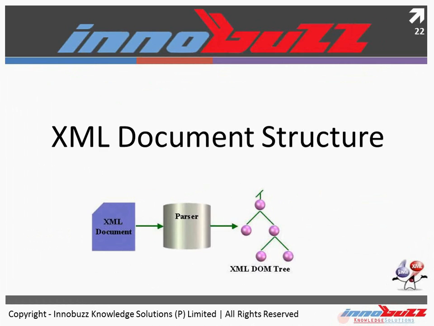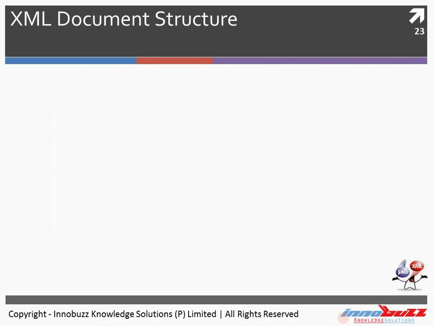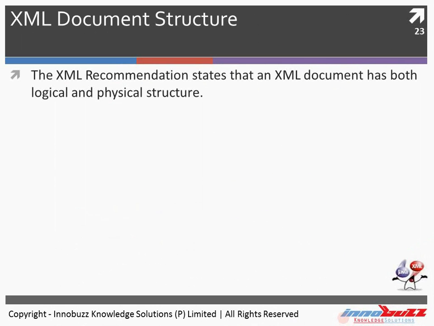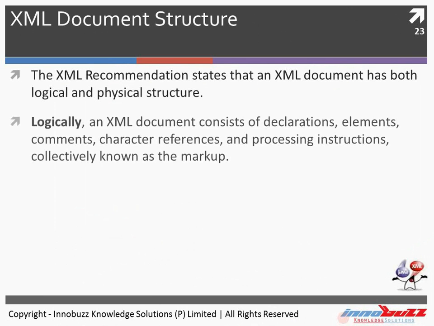Now let's see the XML document structure. The XML recommendation states that an XML document has both logical and physical structure. Logically, an XML document consists of declarations, elements, comments, character references, and processing instructions, collectively known as markup.